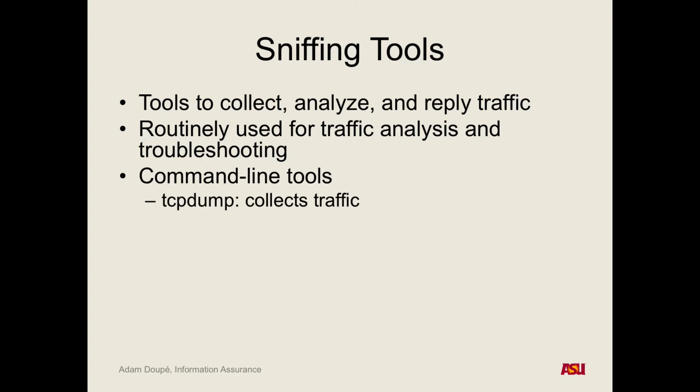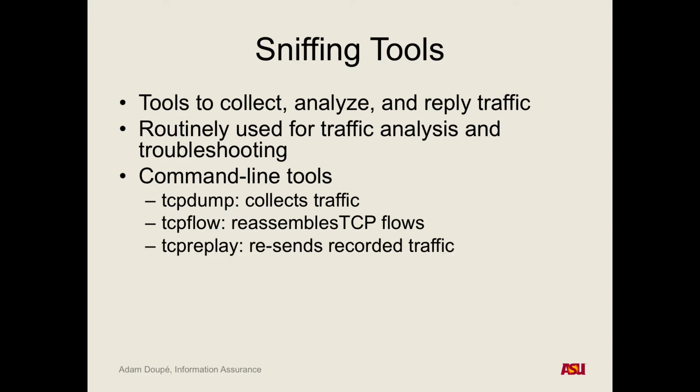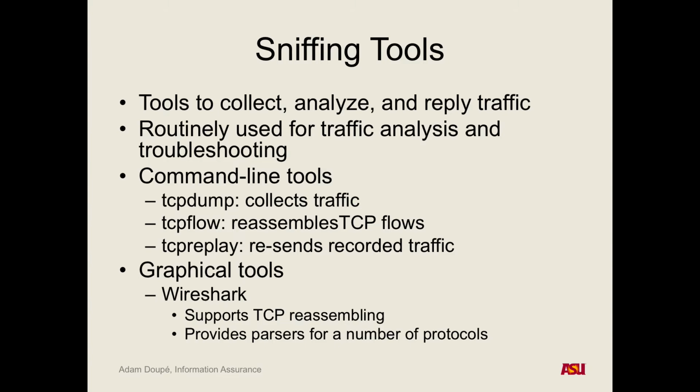So tcpdump is a very handy tool to collect traffic. You can write it out to a file. It can show you the summaries. tcpflow is a nice one that actually, as we'll see when we talk about TCP, it reassembles flows. You can replay things. Graphical tools, Wireshark is actually really handy for digging into network traffic.